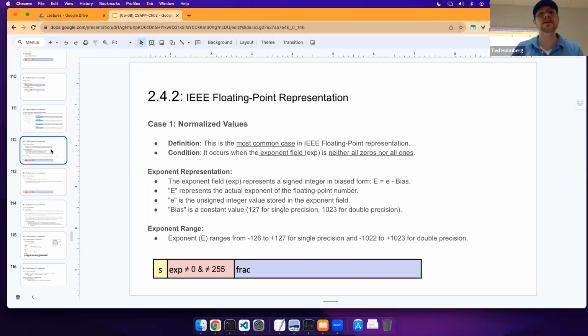The condition to be considered a normalized value is that our exponent field is not all zeros or all ones. If it's all zeros or all ones, it's going to be case 2 or case 3. So provided we have a varying sequence of bits, we can represent a non-unusual case of a floating point number.